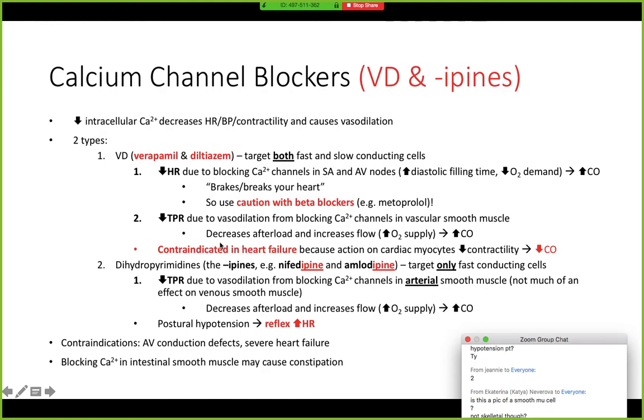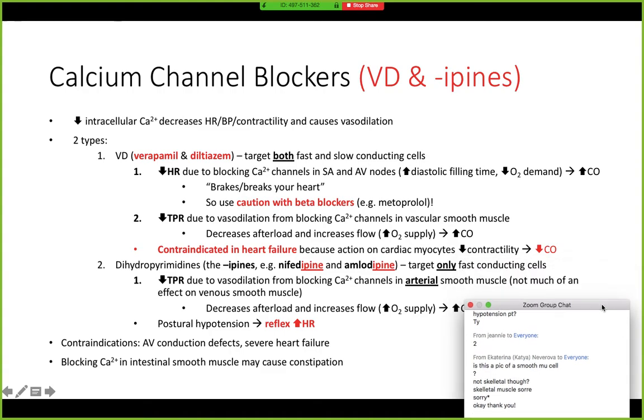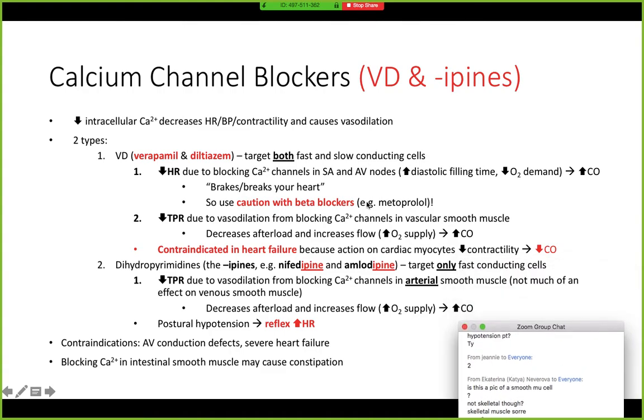So one important point is the fact that you want to use caution with beta blockers, because if you're already blocking the SA and AV nodes and then you also use a beta blocker, that's too much slowing down of the heart rate and the heart's contractility, so that could be dangerous for the patient.